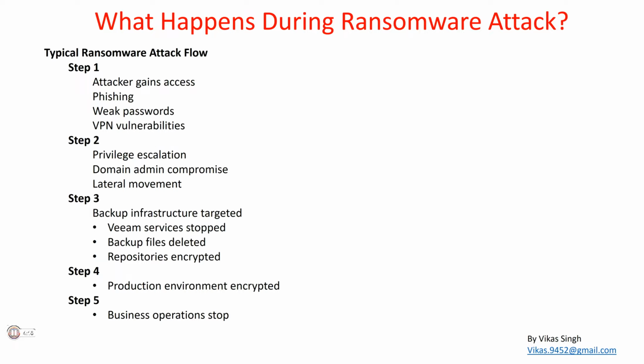So now your backups are gone. The fourth stage is production encryption. After backups are disabled, attackers encrypt production systems. Now virtual machines stop working, users cannot access applications, databases become unavailable, so the entire business stops. This is the final step, step five, where the business stops operations.